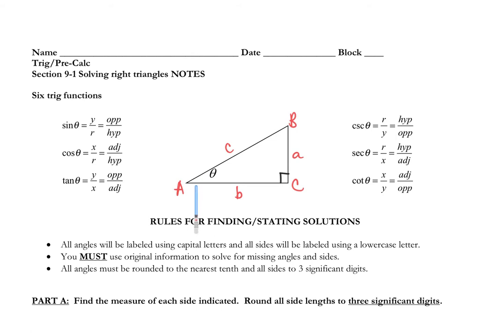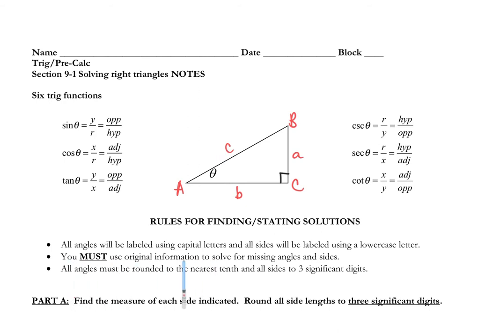So here is angle A. The side opposite of angle A, I label with a lowercase a. The side opposite angle B is labeled with a lowercase b. And the side opposite angle C is labeled with a lowercase c.